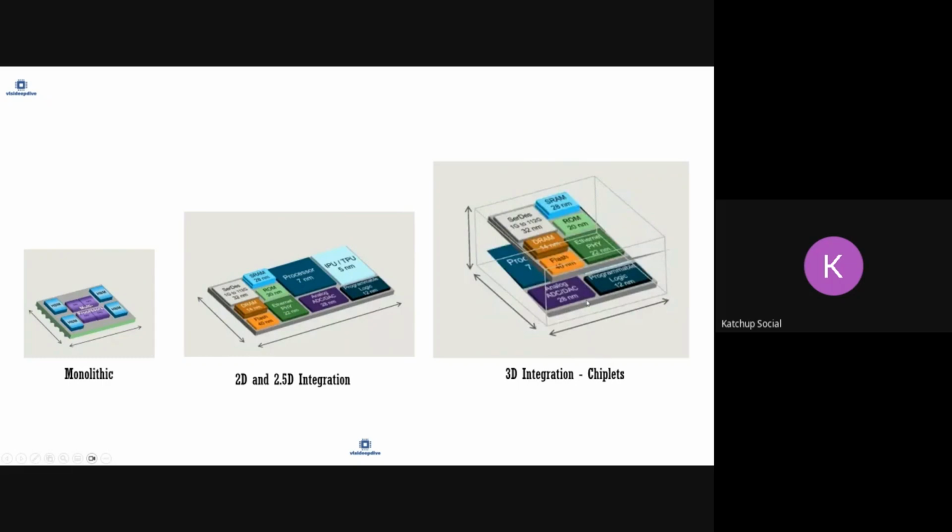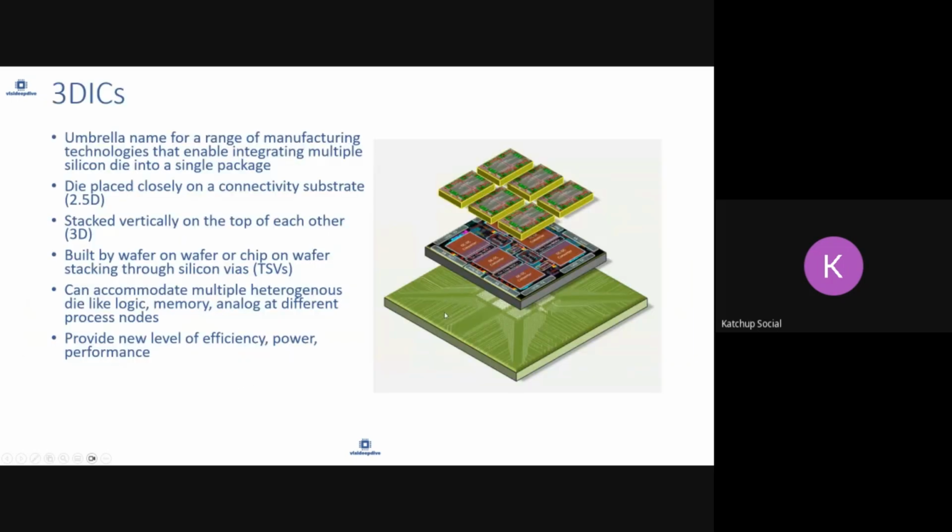Then 3D integration with chiplets also allows them to be stacked or integrated vertically on top of each other. So 3D IC is a general umbrella name for a range of manufacturing technologies that enable integrating multiple silicon dies on a single package.